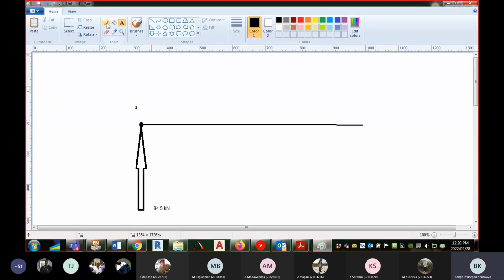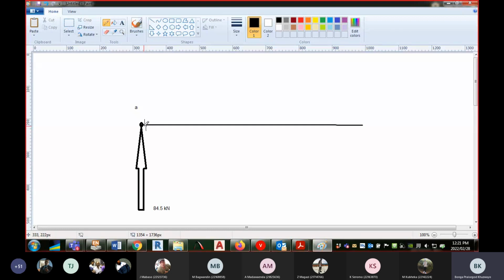So what we're going to do now, you're going to go just to the right of node A. The distance between node A and that point, the section we're considering, is infinitesimally small.